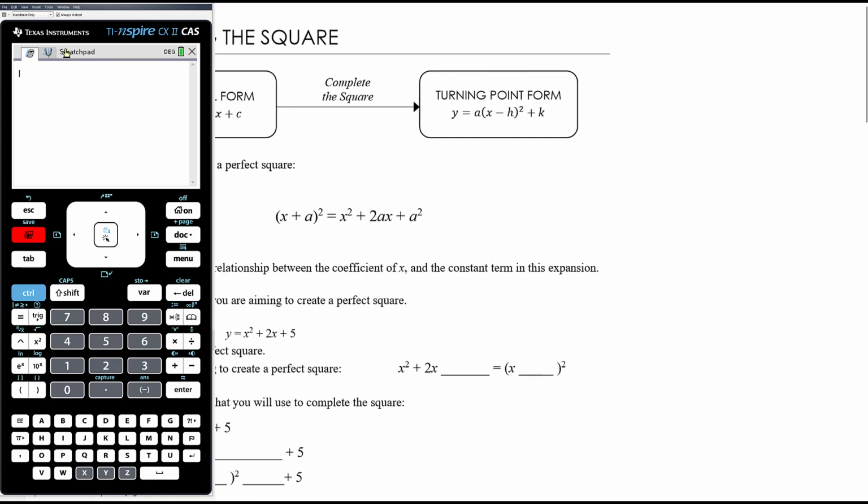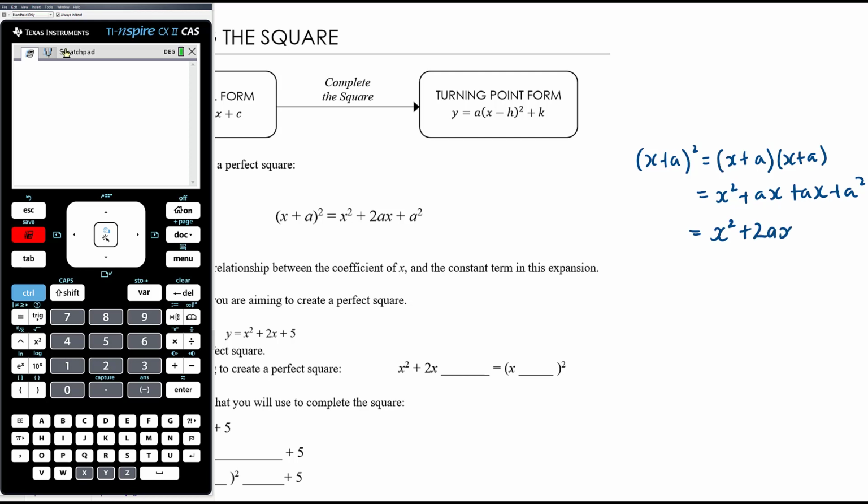Just to confirm that, x plus a all squared is x plus a times x plus a, and when you expand that out, you do x times x, which is x squared, x times positive a, which is positive ax, a times x, which is plus ax, and a times a, which is plus a squared. The ax plus ax in the middle will always collect together to be two lots of ax, and then plus the a squared on the end.